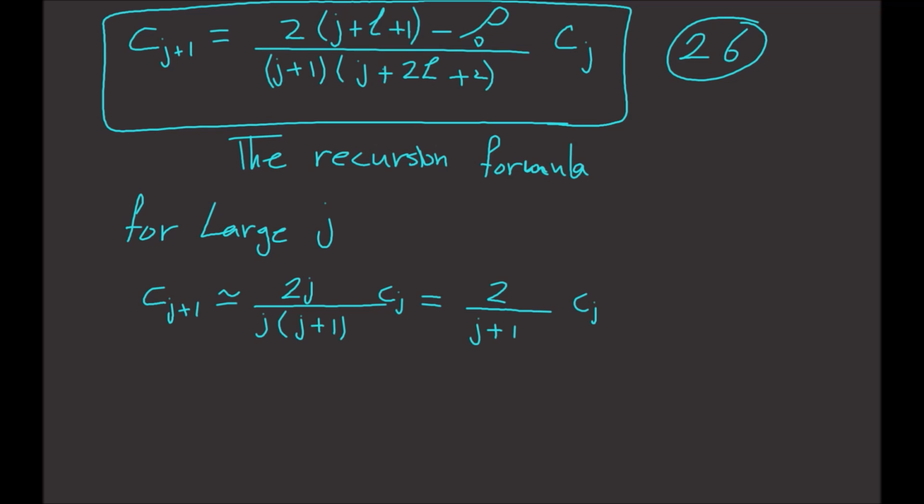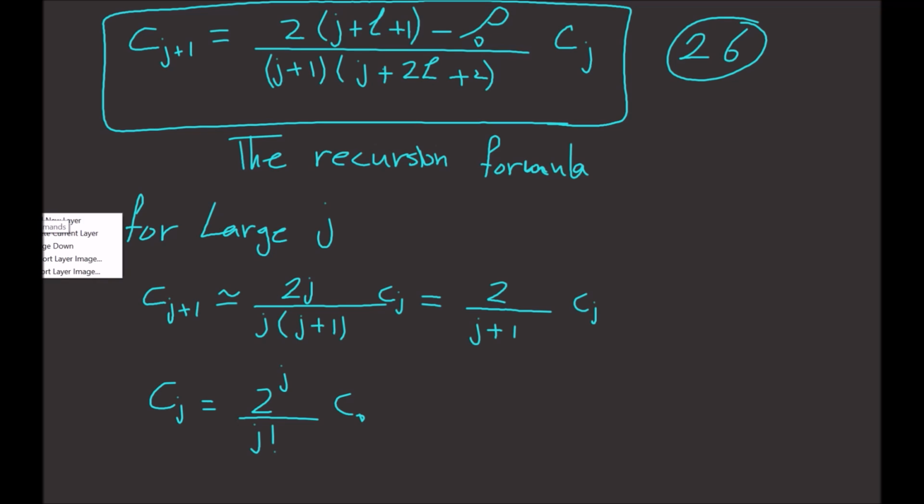Which means that c sub j is equal to 2 to the j divided by j factorial times c naught. This is the first term, the first c naught in the term.